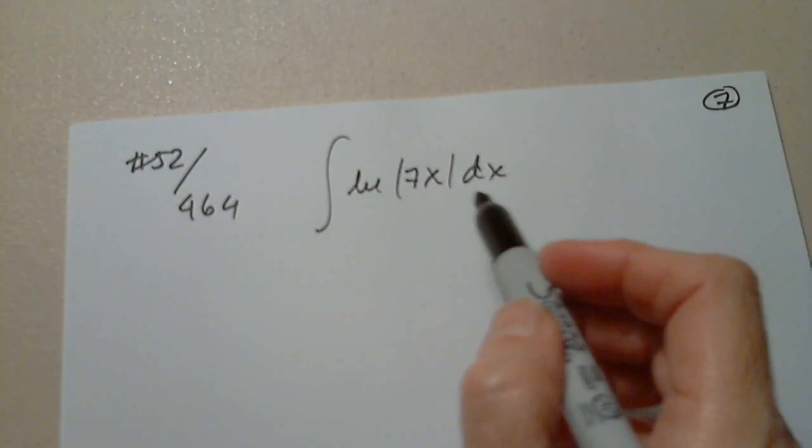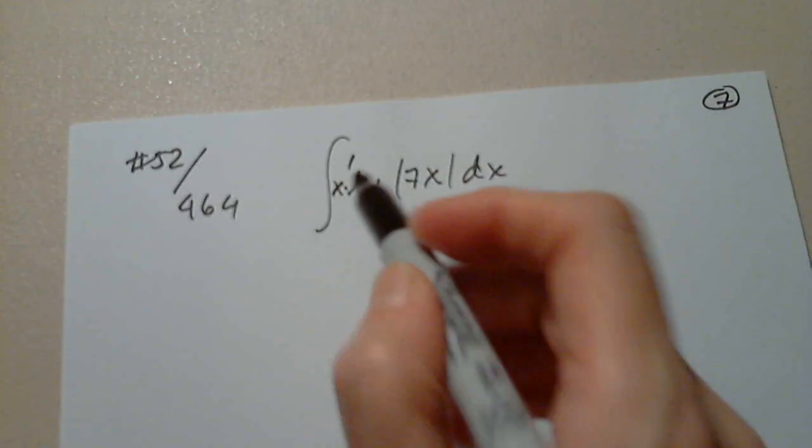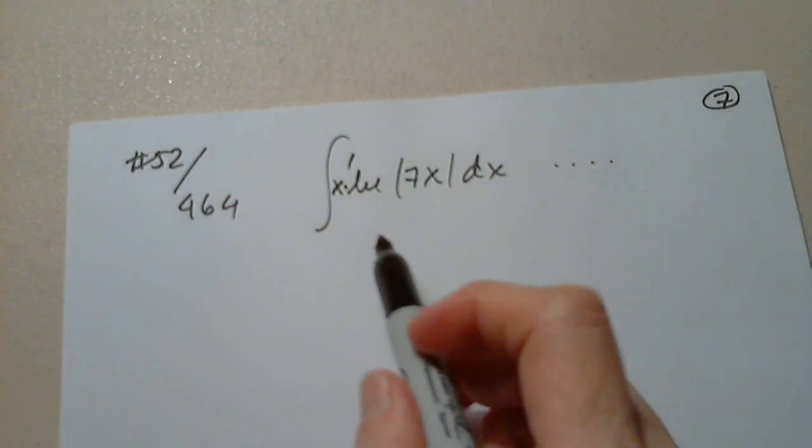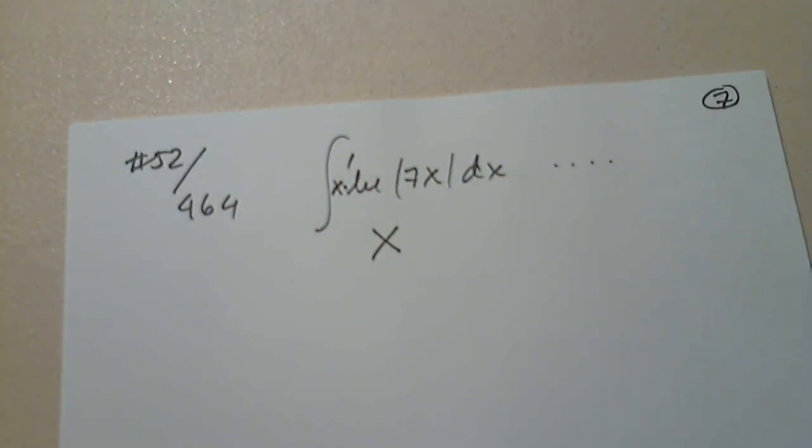So I have to change this function into x prime times natural log of 7x, and then apply integration by parts. But we have not studied integration by parts in this class. Sorry about that. So that's why it says here at the top 4.3 through 4.5. So let's choose something else. So 52 and 53 we cannot choose.